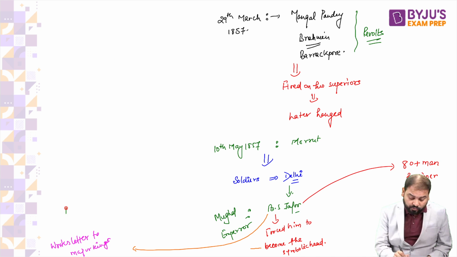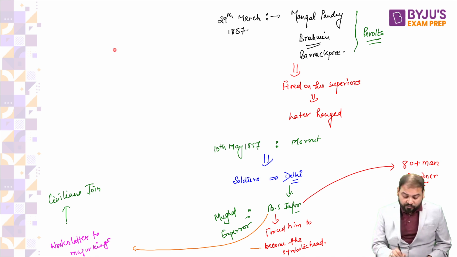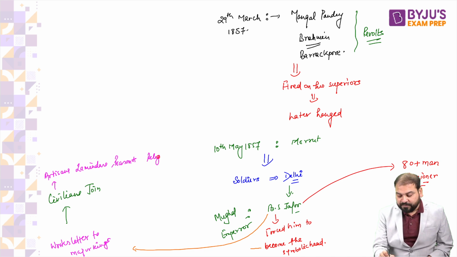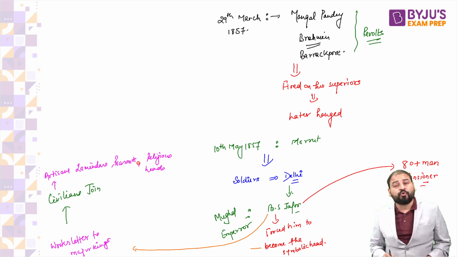Now, very soon, civilians also start joining the revolt. So, guys, who are these civilians? These civilians are artisans, in some places zamindars, some peasants, religious people, religious heads. Everybody has started to join the revolt.